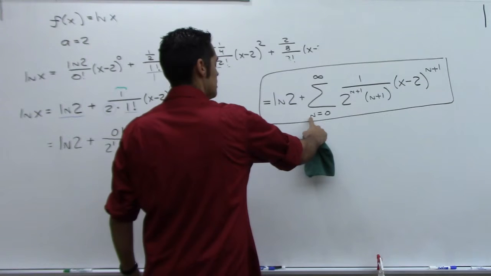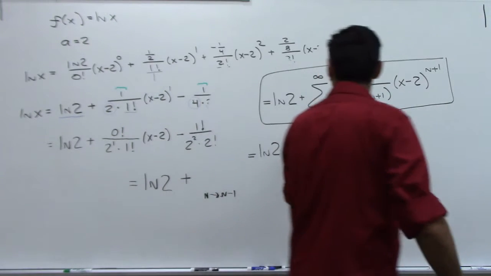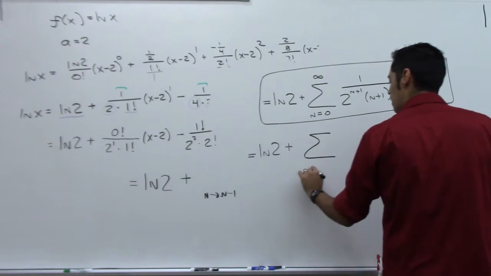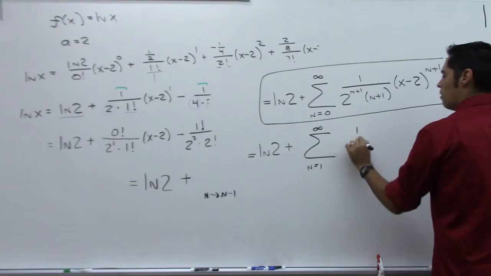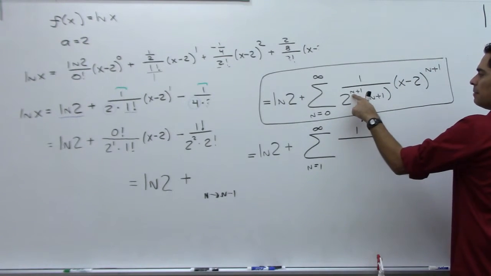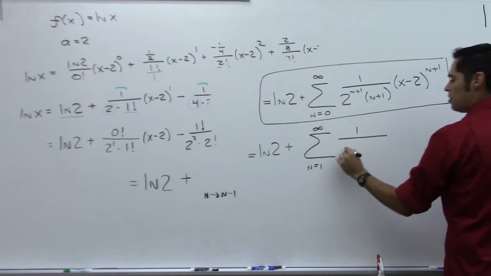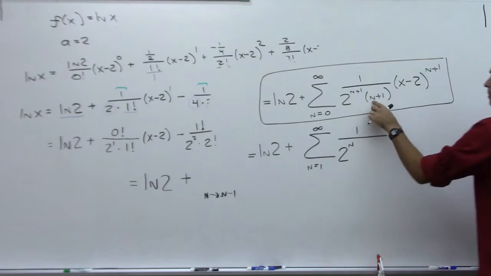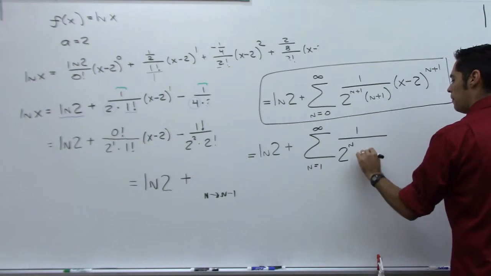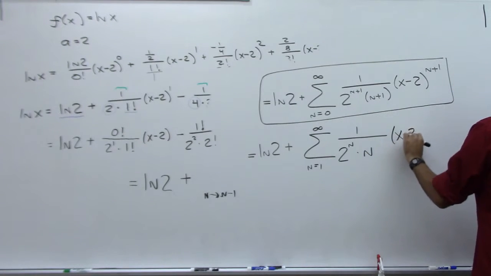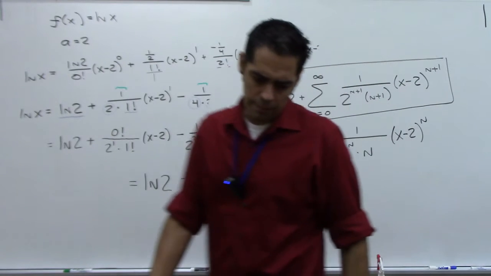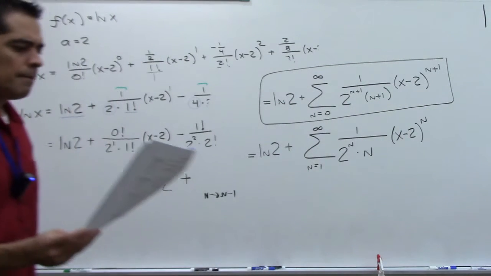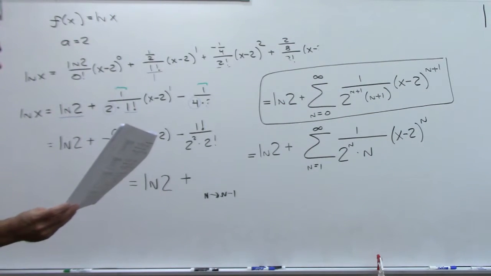So when I put n minus 1 here and add 1 to both sides, I'll get my sum to start at 1. And then 1 over, if I replace this with n minus 1, n minus 1 plus 1 is just 2 to the n. N minus 1 plus 1 is just n. And then x minus 2, same thing here, n. So I believe that's what the book shows as the answer.